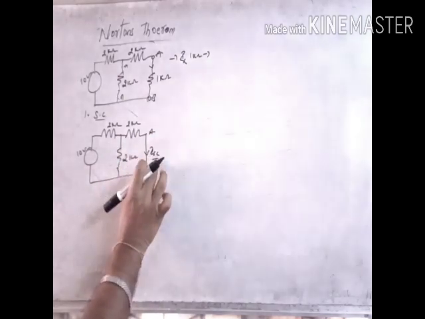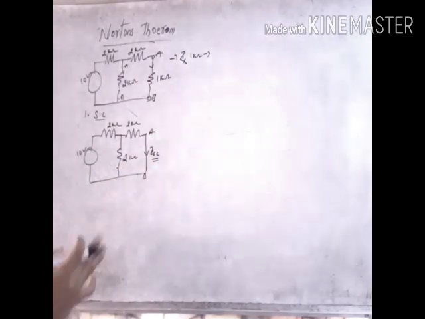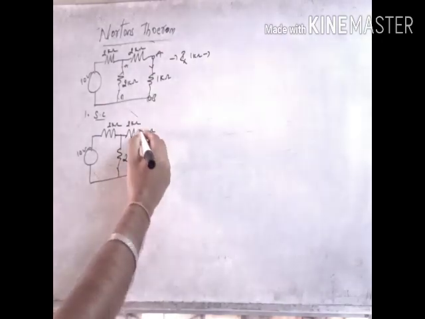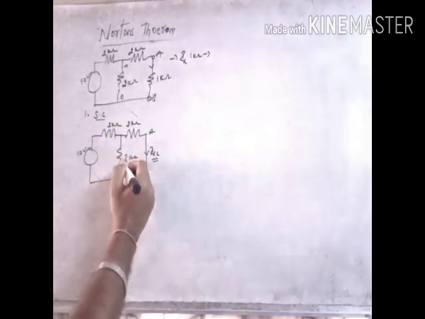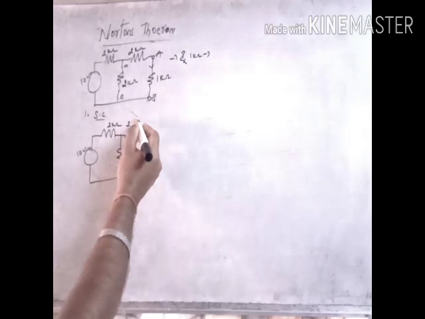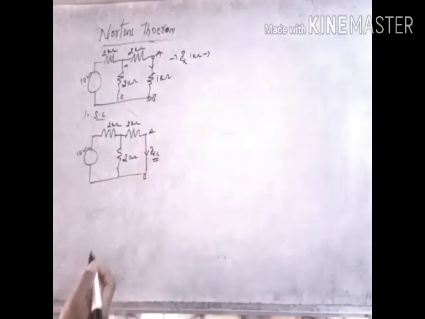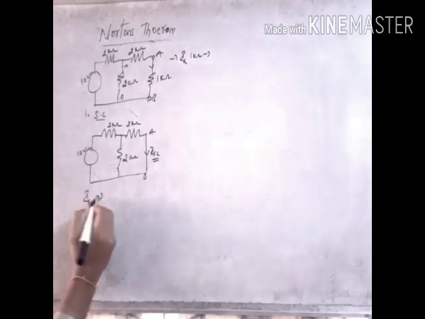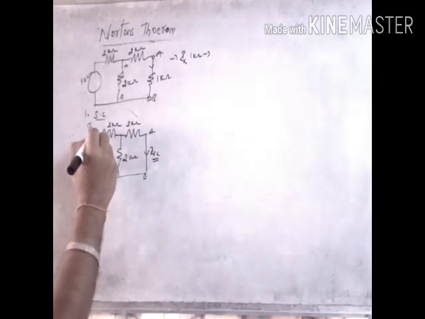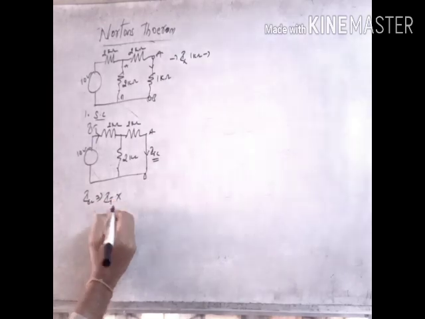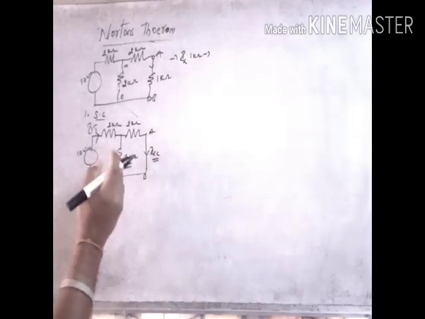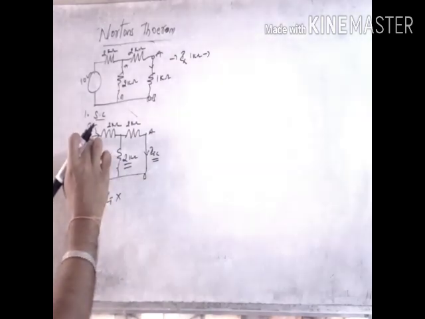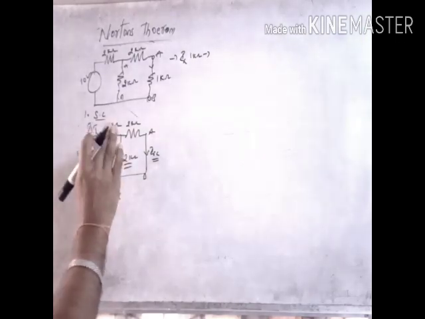To find this short circuit current, we have to remember the current division method. In the current division method, the total current times the opposite resistance divided by the sum of the resistances gives the current through any branch. So here the short circuit current ISC equals the total current I total times the opposite resistance divided by the sum.